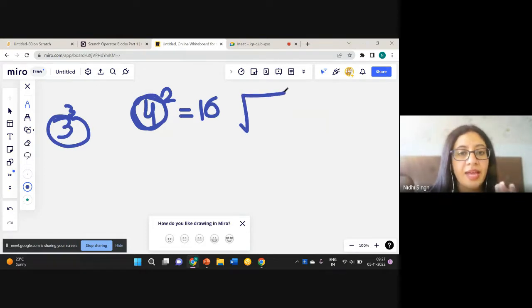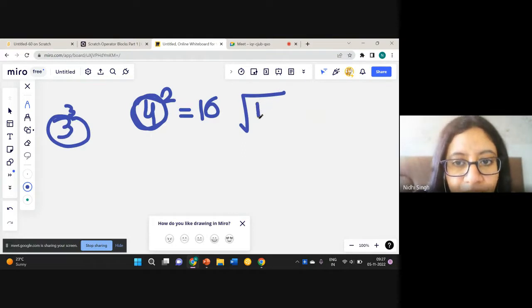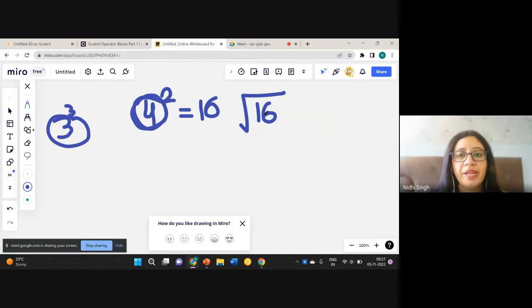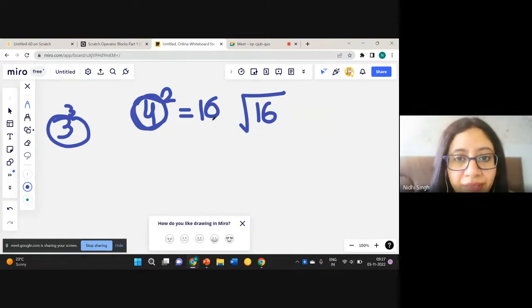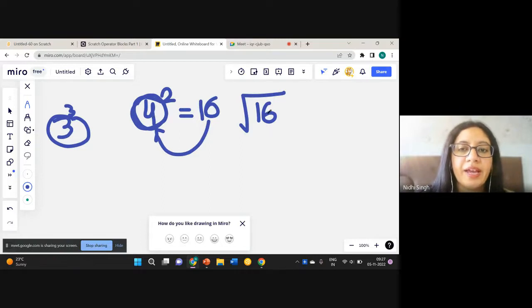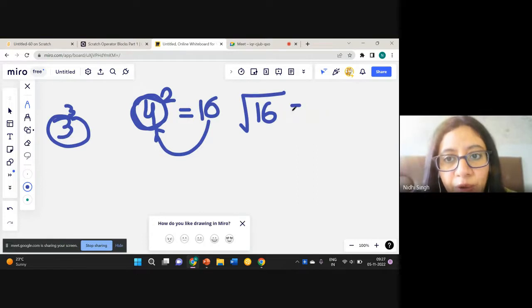Now this is vice versa. If I put 16 here, the answer will be this 4. Why? Because this is square and this is square root, means you just break it. How will it come? This is your square root.